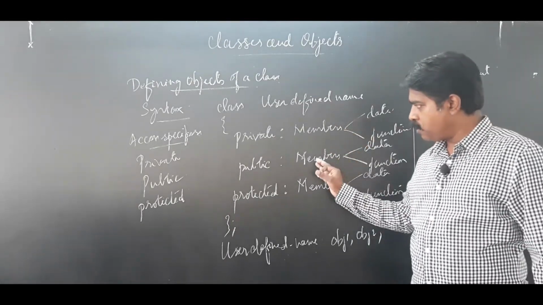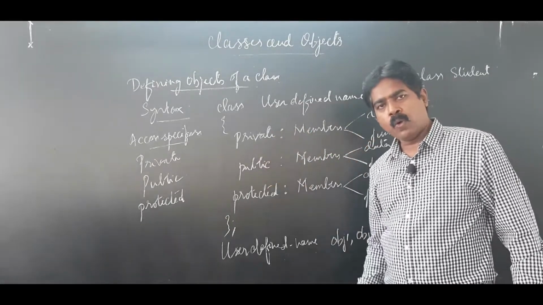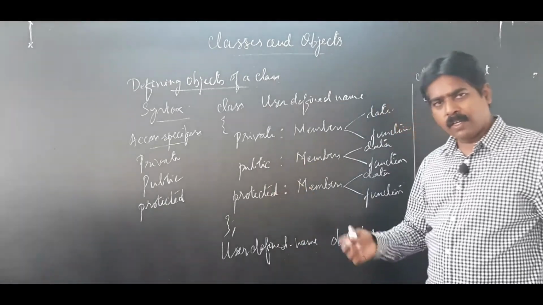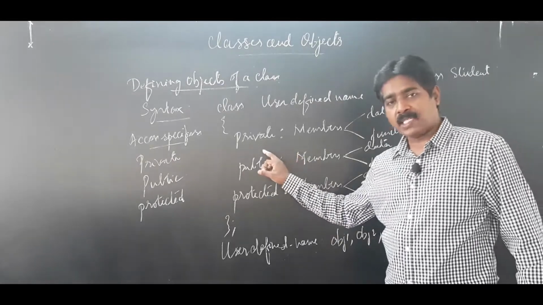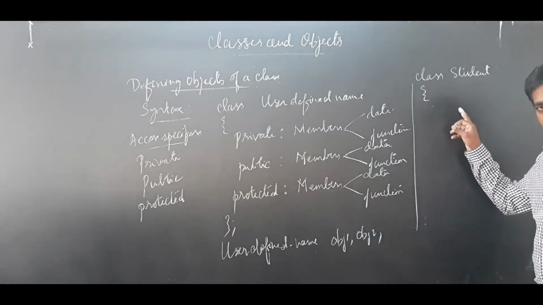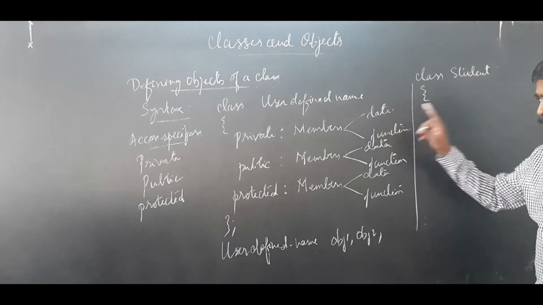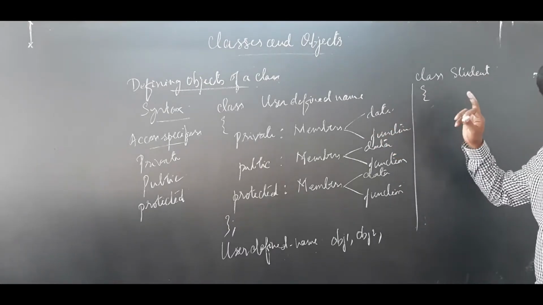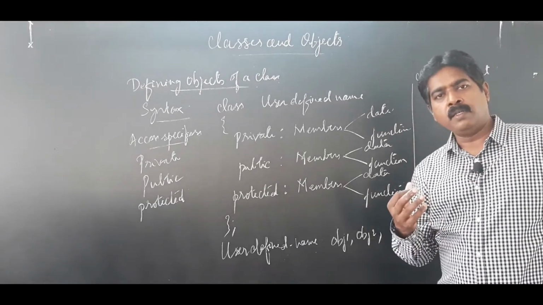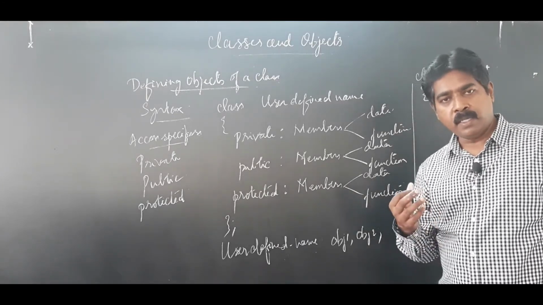And these members should come under one of the access specifiers. But there is another concept, the default access specifier. So, when I write about a student, I'll come to that default here. A student has information about the register number as well as the name.